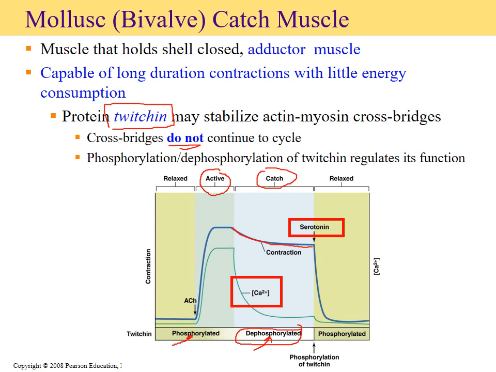And all that time, the contraction is being maintained without the help of calcium and without the help of ATP. So it's all about the twitchin protein and its phosphorylation, dephosphorylation step that is able to maintain the muscles holding on to their physical connection in the cross bridge and not cycle. So you hold on to that one contraction for an extended period of time without spending any energy on it.